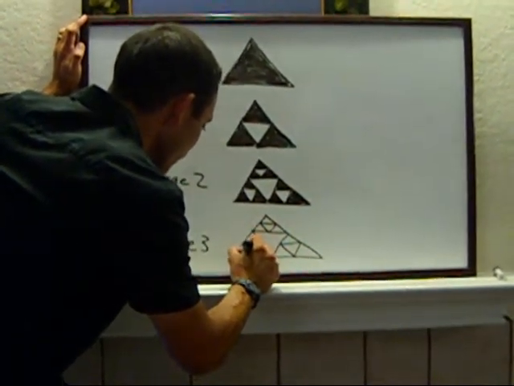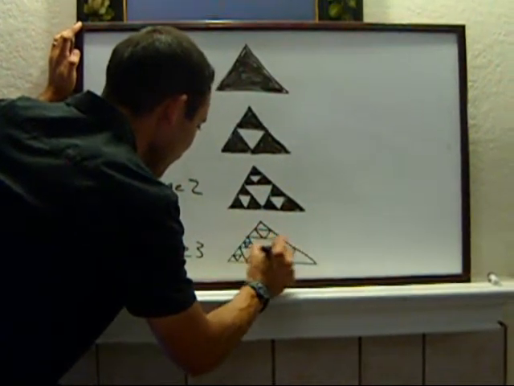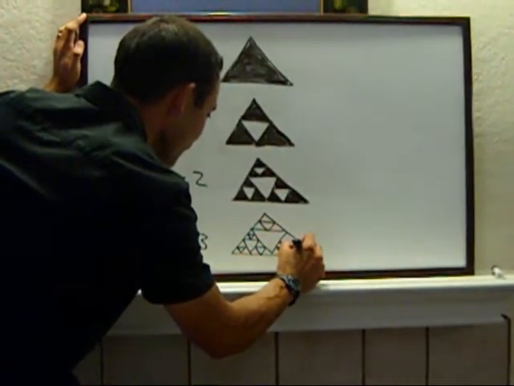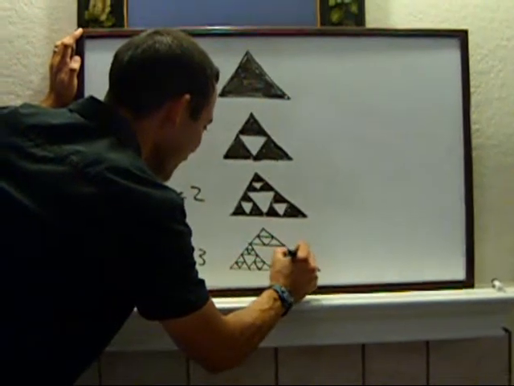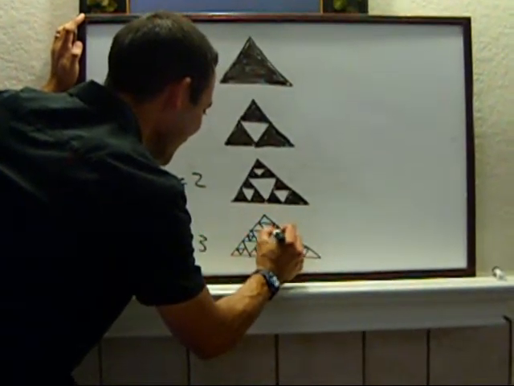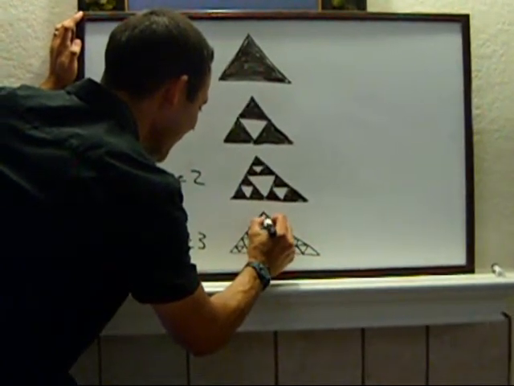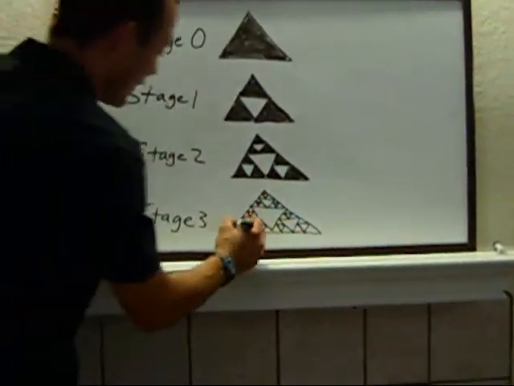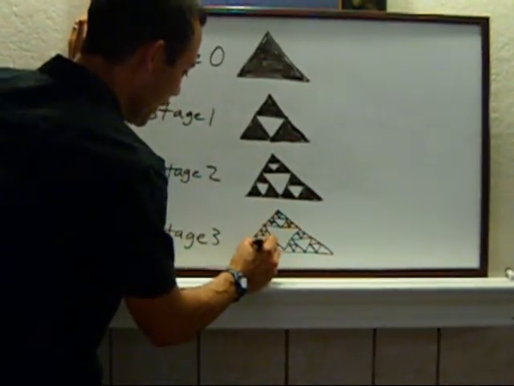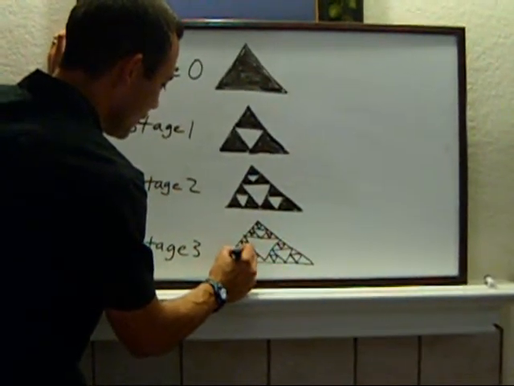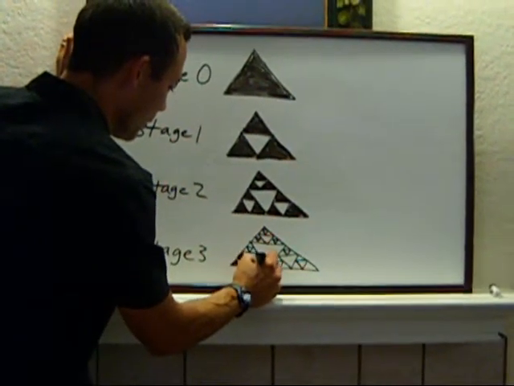Cut little tiny triangles in here. It's going to really get difficult to draw after a while. Okay. And then this area will be filled in, basically filling in the blanks in between each one. You kind of get the idea here of what we're doing.